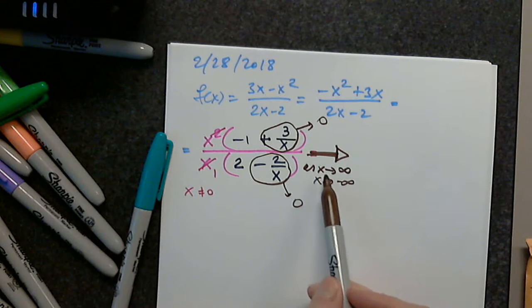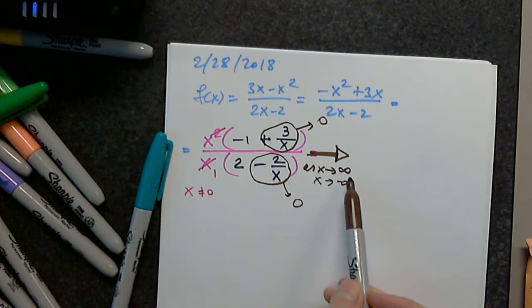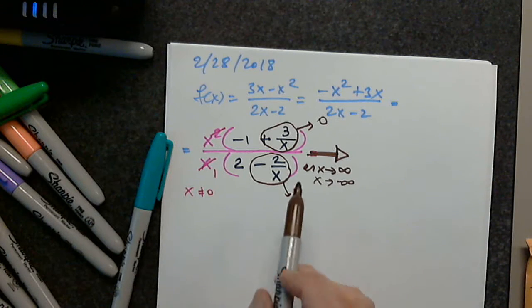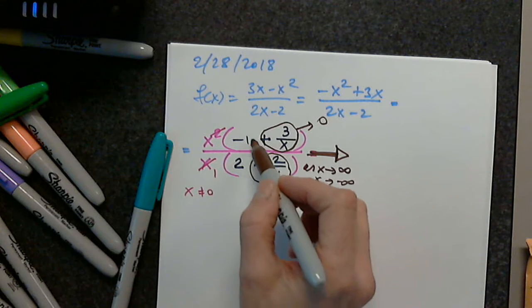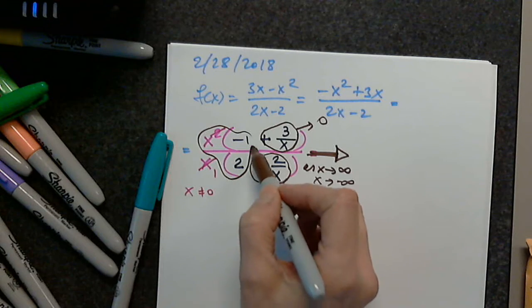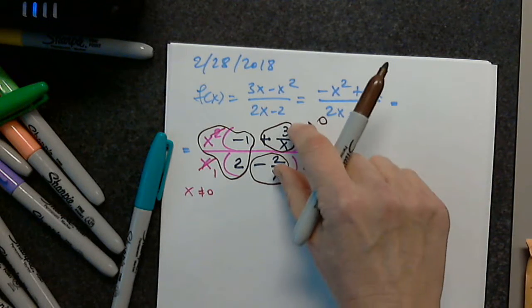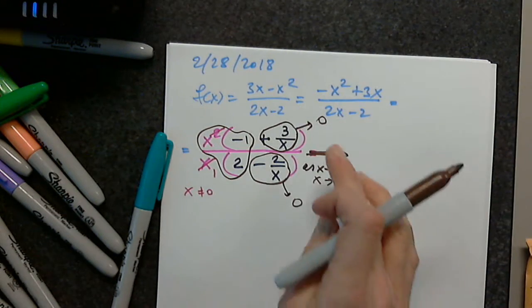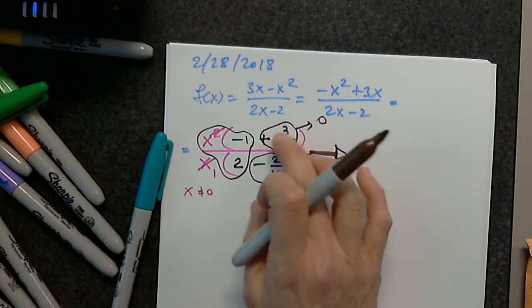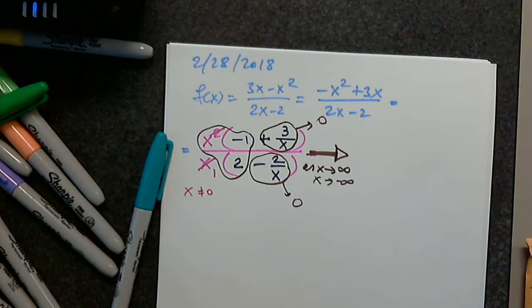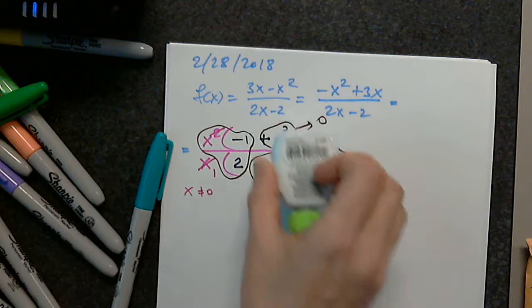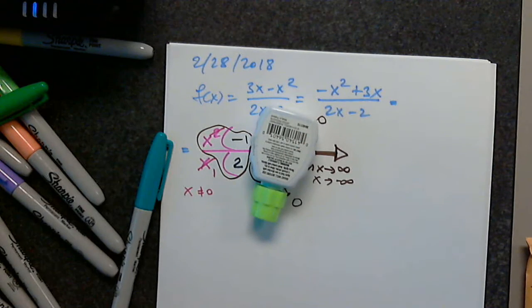And now, as I say, x approaches infinity. Now, at this point in time, there are two different answers, though. Not for these two. For these two, no matter what, infinity or negative infinity, the answer will be 0. So I can even cover those. They're gone.